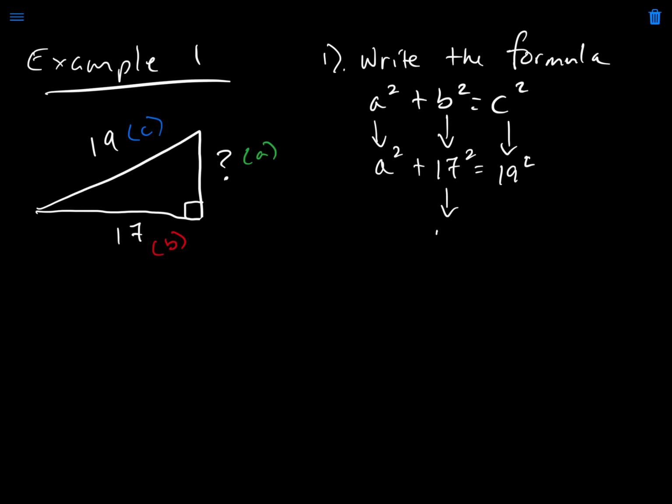So 17 to the second power is 17 times 17. So if I do 17 times 17, I get 289. Then I'm going to do 19 times 19. And that's 361.